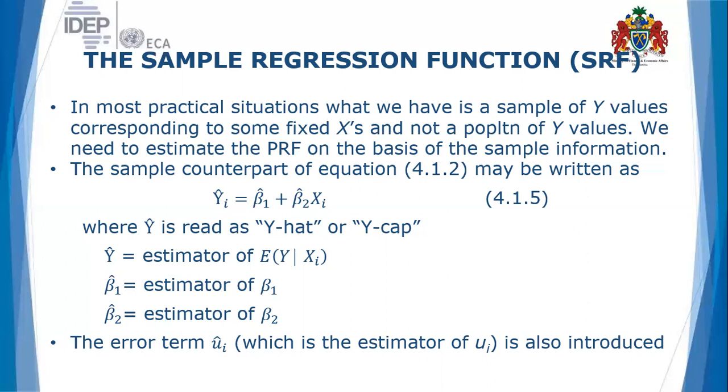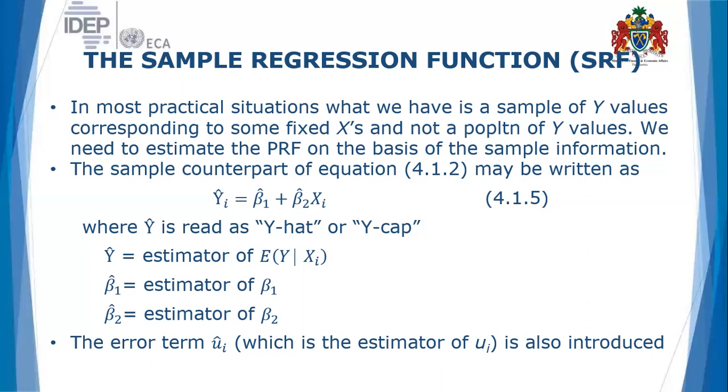But here we are adding the hats on top to represent this model as a sample regression function or sample regression model, where y hat is read as y hat or y cap, and y hat is the estimator of the expected value of y given the values of xi.